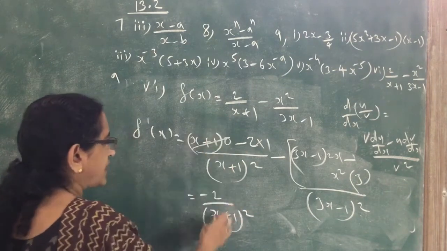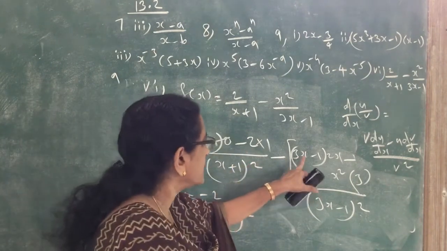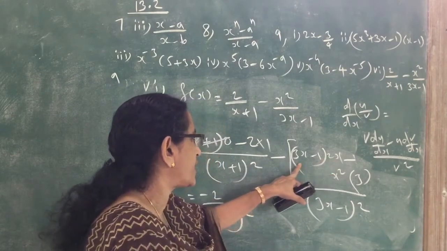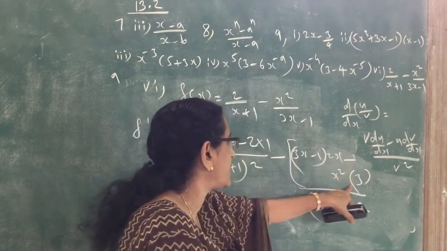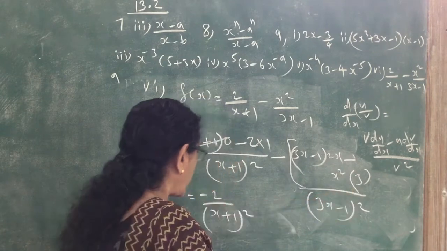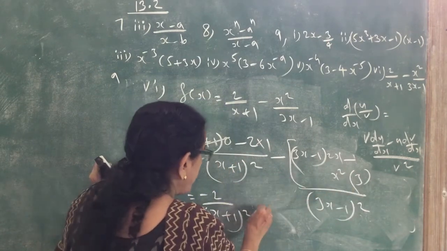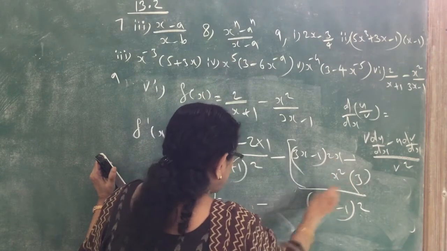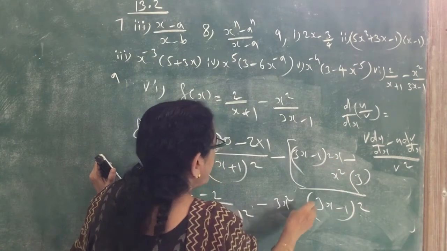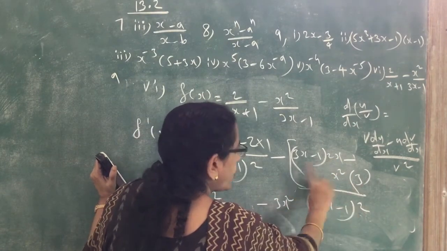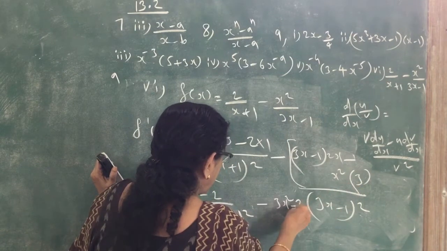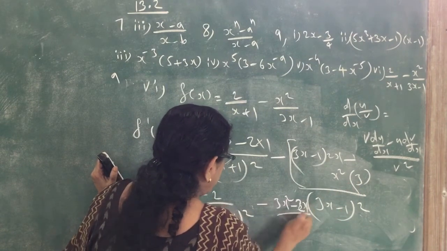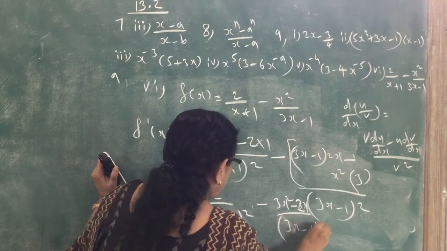That is the first term. And here we have to simplify. 3x into 2x, 6x square. Here there is minus 3x square. So 6x square minus 3x square, that is 3x square. Then here minus 2x, only minus 2x. So 3x square minus 2x by 3x minus 1 whole square.